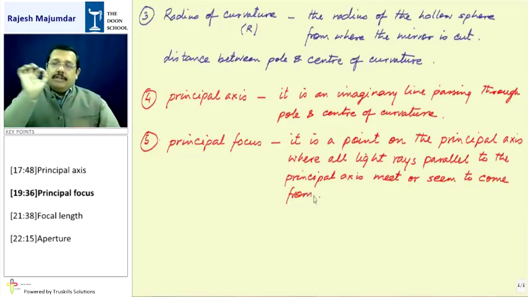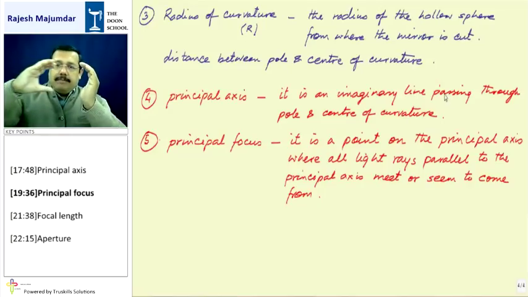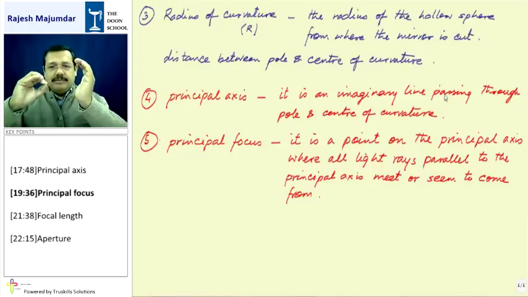So there is a point on the principal axis where if all the light rays which are parallel to the principal axis after reflection from the mirror converge for a concave mirror.